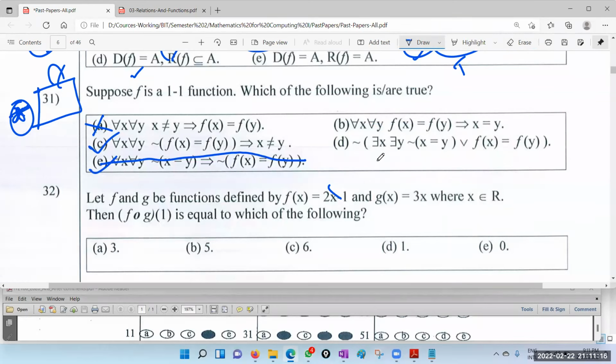Exist x, exist y, not x equal y, or either x is not equal to y, or fx equal to fy. What is that?